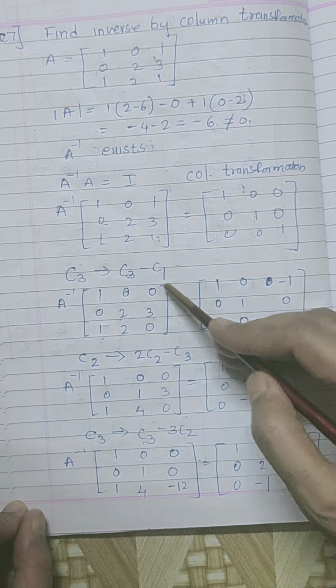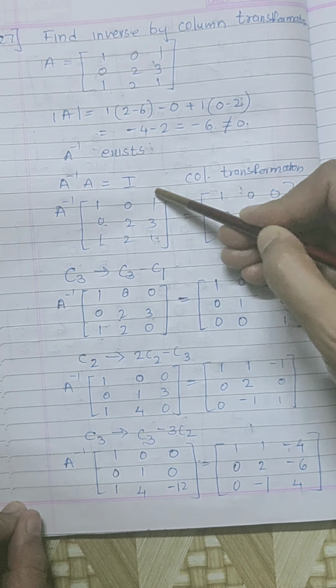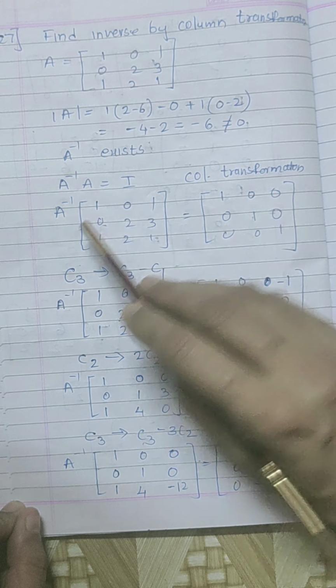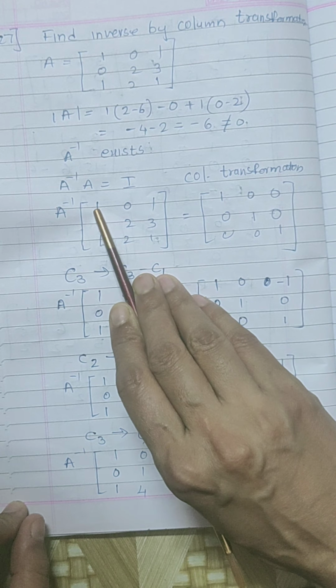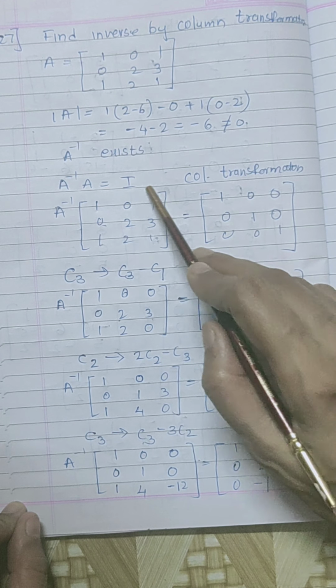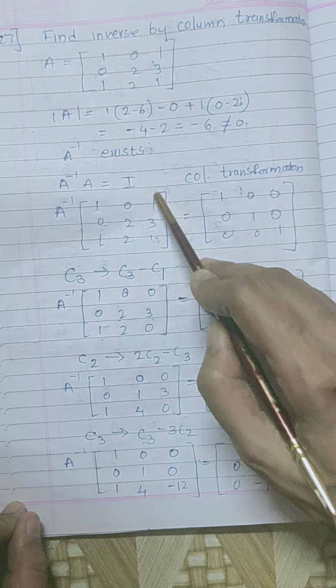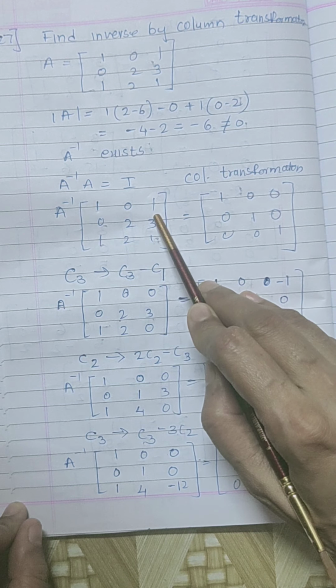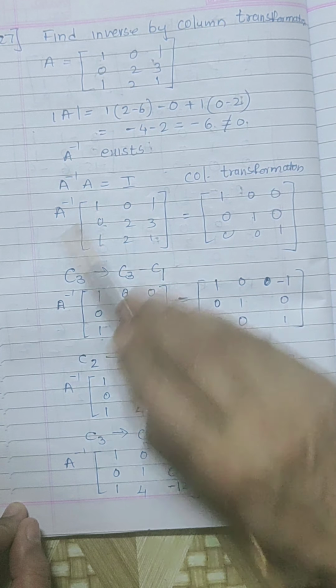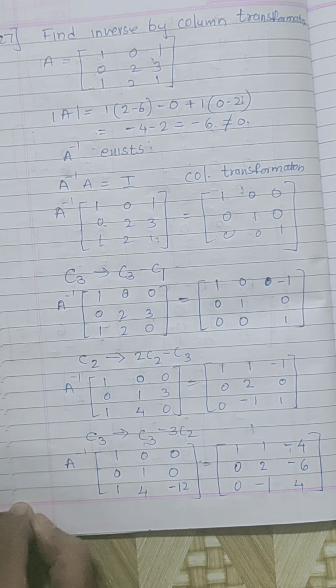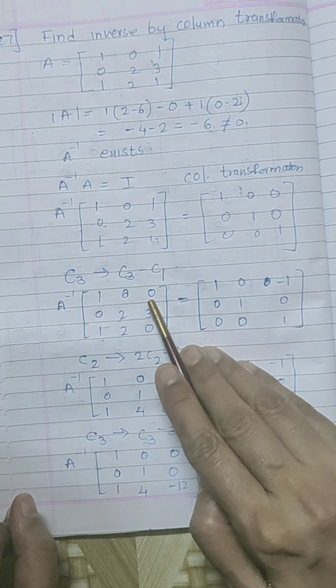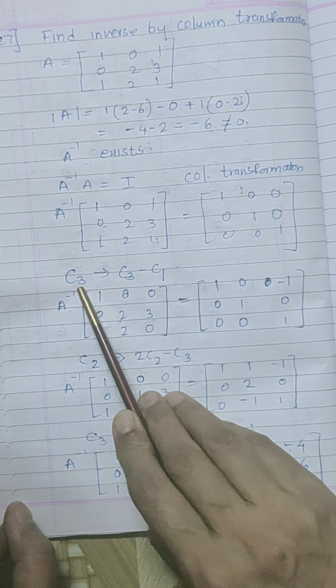So first this we will convert, in row we were converting this into 1 first. Now this we will convert into 0 first for column transformation. Here also 1 is there, here also 1 is there. If you subtract C3 and C1 you will get 0 here. So we will do the transformation.